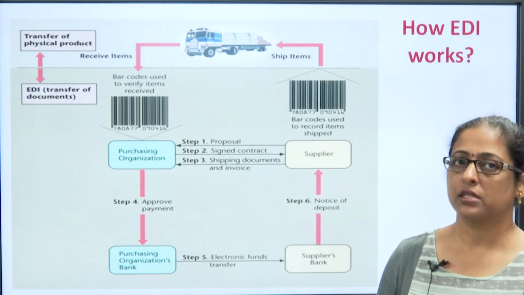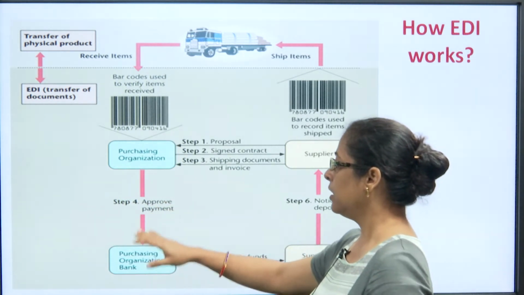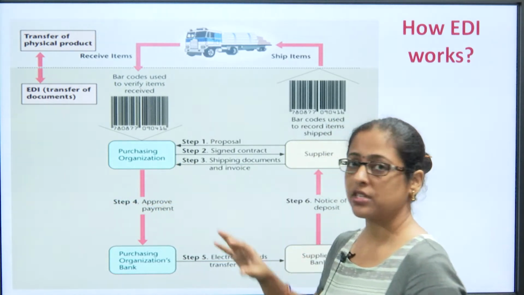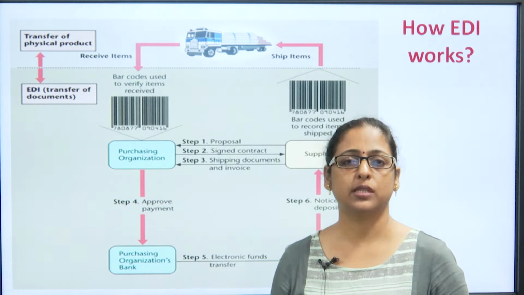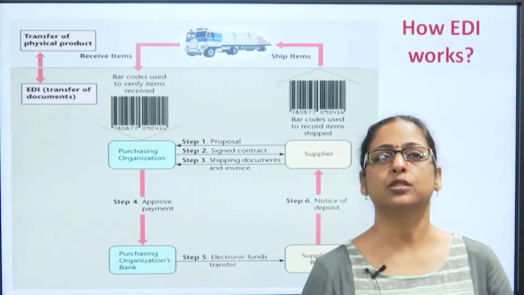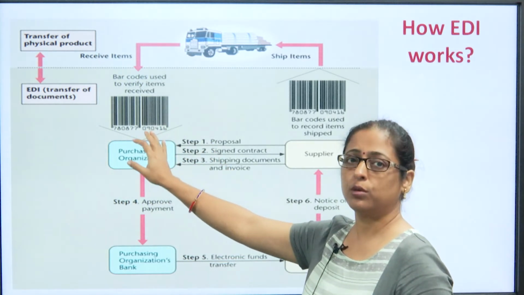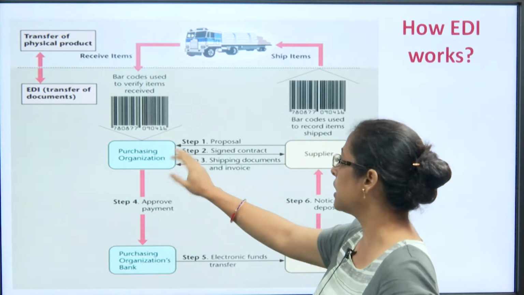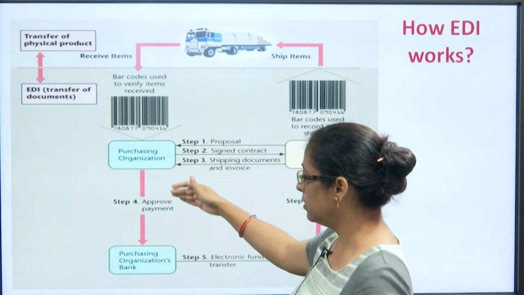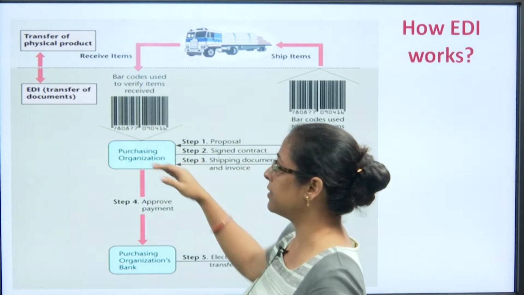Now, over here you can see how EDI works. This is a purchasing organization. The purchasing organization creates barcodes, and these barcodes, as you already know, are codes which contain lots of information. These are encrypted data codes, and these barcodes are sent onward. This is the transfer of physical products and the EDI.